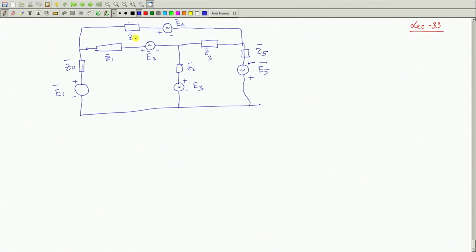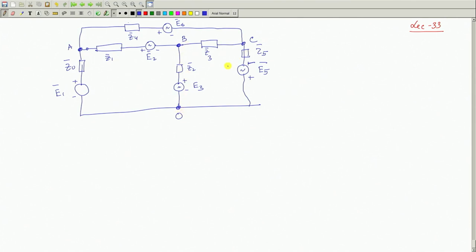First of all you mark the nodes 1, 2, 3 and 4. There are 4 nodes, one of them you call O, the reference node, and the other 3 are A, B and C. Our target will be to know the values of VAO, VBO and VCO.